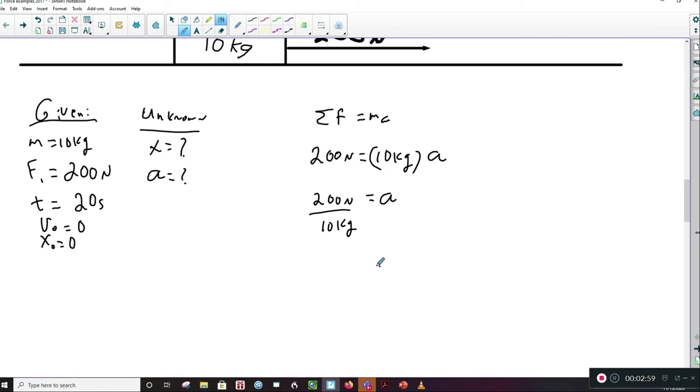And therefore A is going to equal 20 meters per second squared.